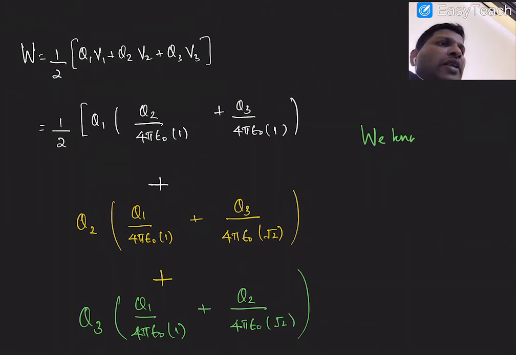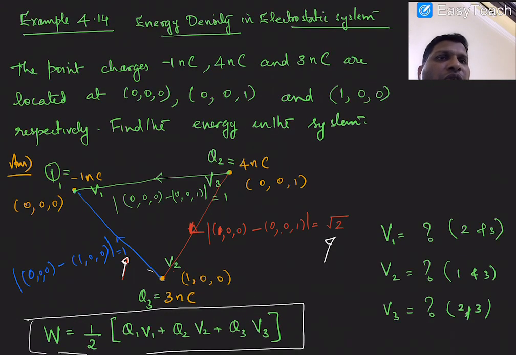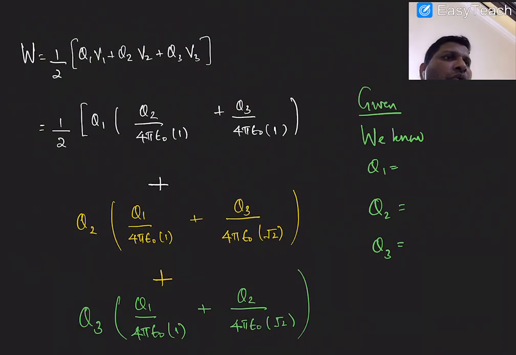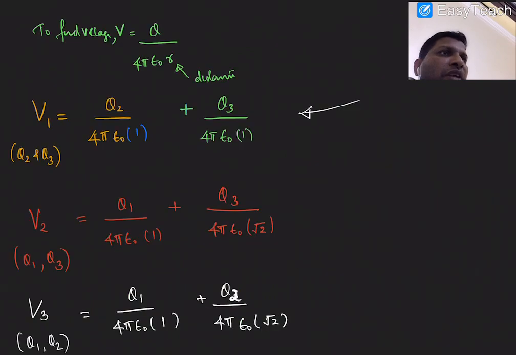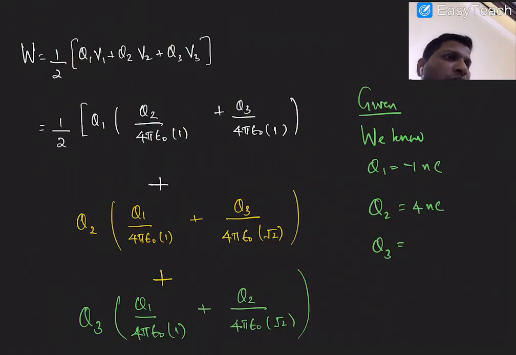Okay, so we got it, and it is given that Q1, Q2, Q3, everything is given. Q1 is -1 nanocoulomb, Q2 is 4 nanocoulomb, and the last one is 3 nanocoulomb.